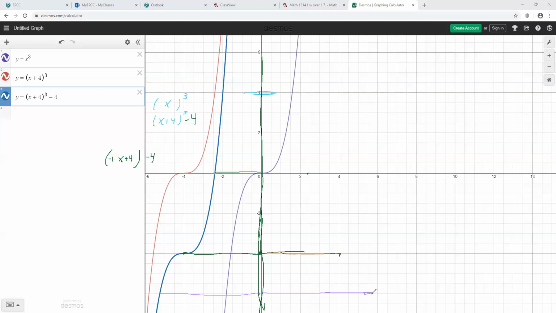And this is a point. And this is a point. And this is a point. I'm not very good at drawing these things, but this whole graph right here is going to be reflected over there.